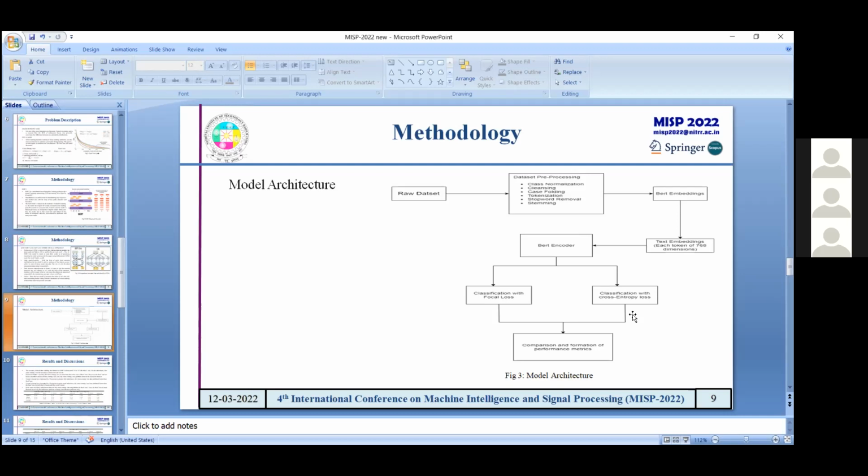After that, stop word removal was done, in which all irrelevant tokens like of, and, or were removed. Then lemmatization was done, in which complex words were changed to their root form. After that, this pre-processed data was fed into the BERT model, and then separate classifications with focal loss and cross entropy loss functions were performed. And then the final comparison and formation of performance metrics was done.